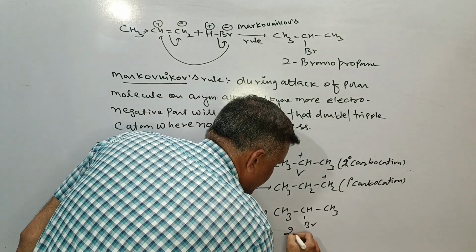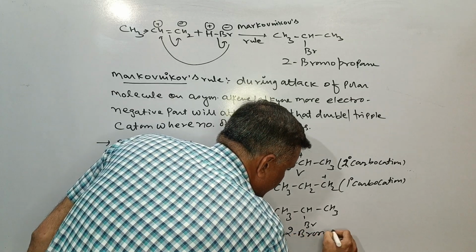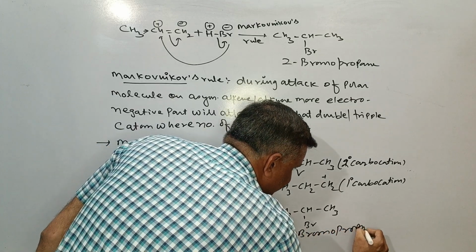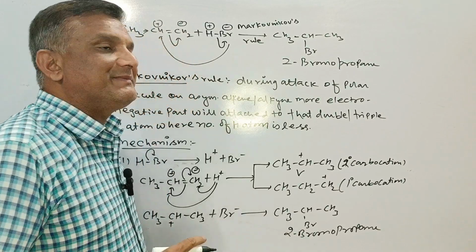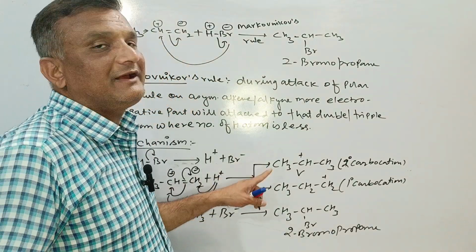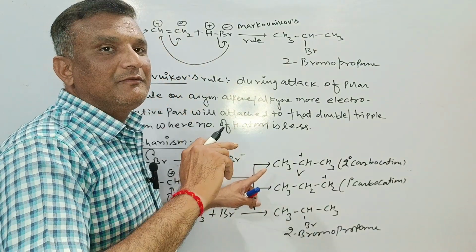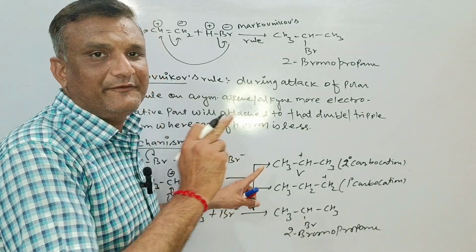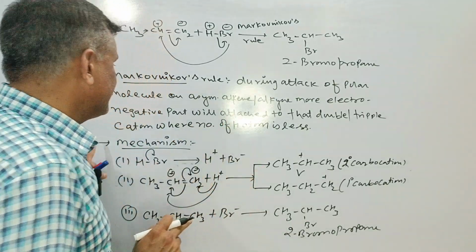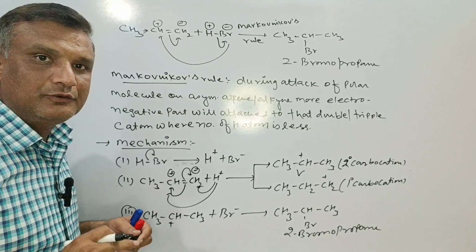So the formation of 2-bromopropane. Due to the formation of the stable carbocation, here will be the attack of the electronegative element over the carbon atom where the number of hydrogen atoms is less. This was regarding Markovnikov's rule.